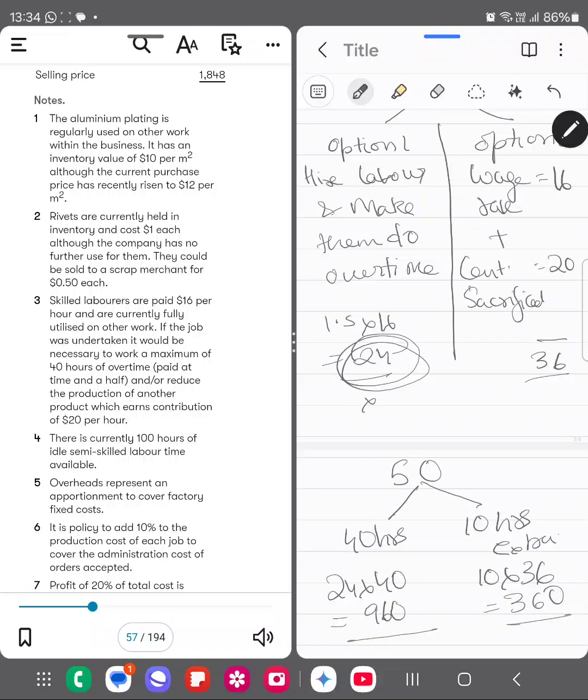Now you will be saying that why didn't we multiply 50 into 24 when this 24 was the cheapest option? Then why didn't we multiply by 50? If you multiply this by 50, you will get 1200. Okay, and if I multiply 36 by 50, I will get 1800. But this is not the correct way.